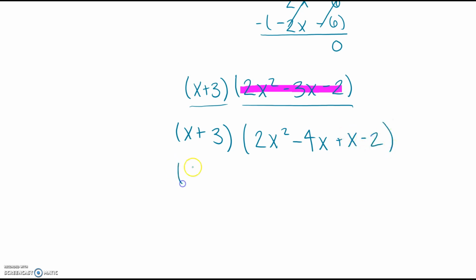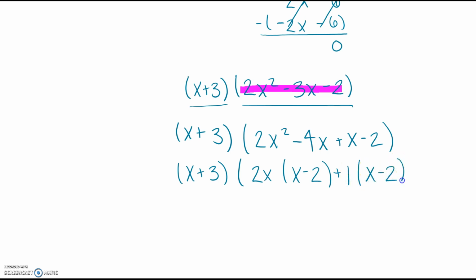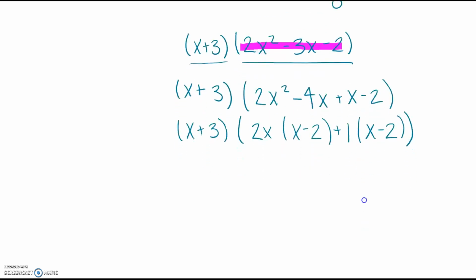And then factor by grouping. So you can factor out a 2x. Now we don't have anything to factor out, so we can say that we factored out a 1. So then my final factors will be x plus 3, 2x plus 1, and x minus 2.